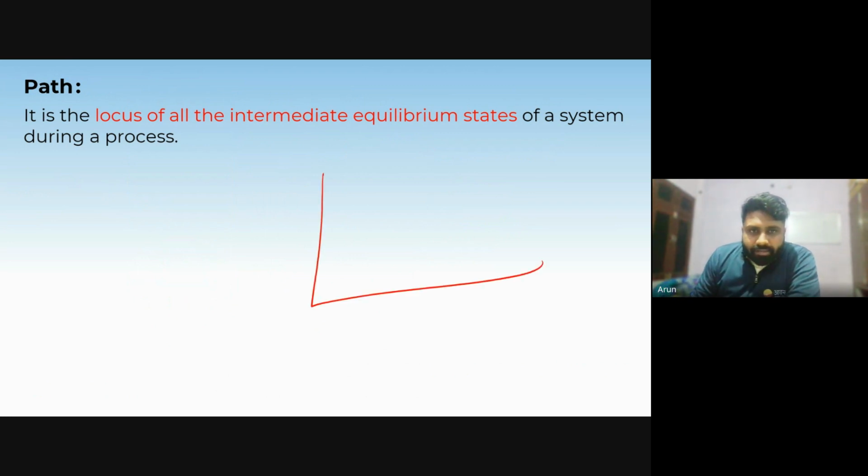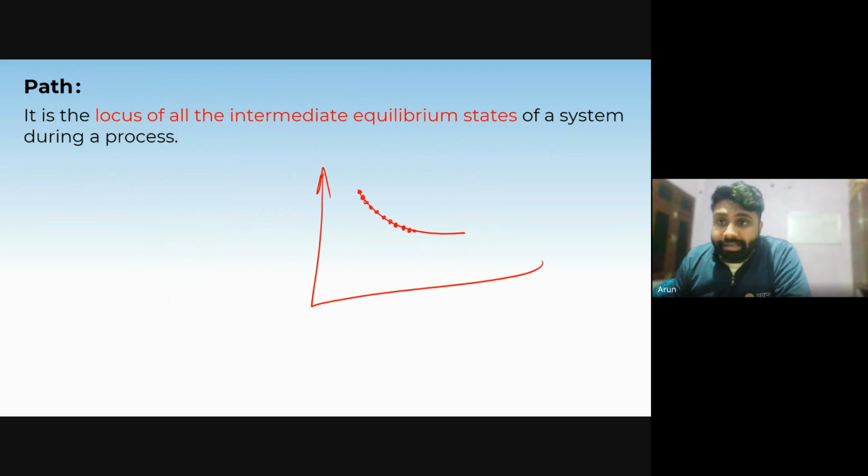Let me tell you, if this is the process we have followed, this process is made up of a very large number of points, and these points are nothing but equilibrium states, because we know that a process is nothing but changing the system from one equilibrium state to another equilibrium state. So what have we done here?